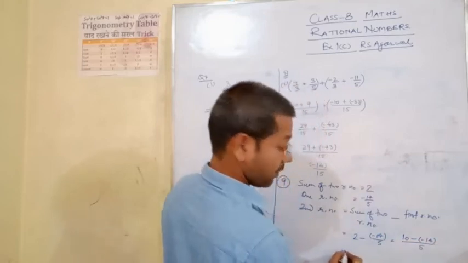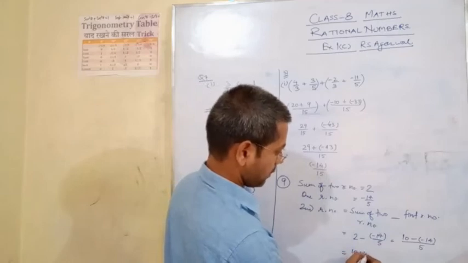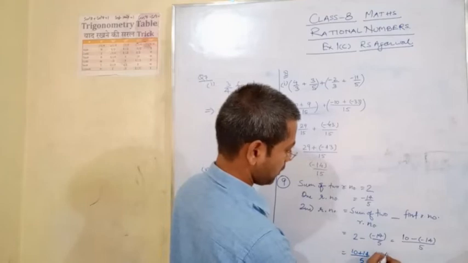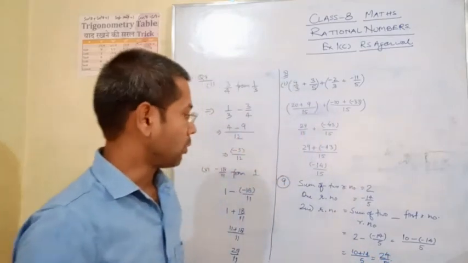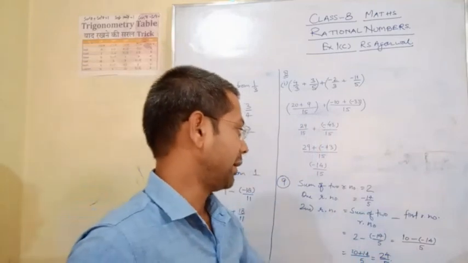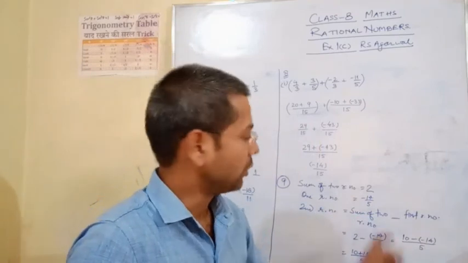So it will be 10 plus 14 upon 5, which is 24 upon 5. So 24 upon 5 is the second rational number which, added to minus 14 upon 5, will give us 2. The sum of the two rational numbers is 2 in that case.